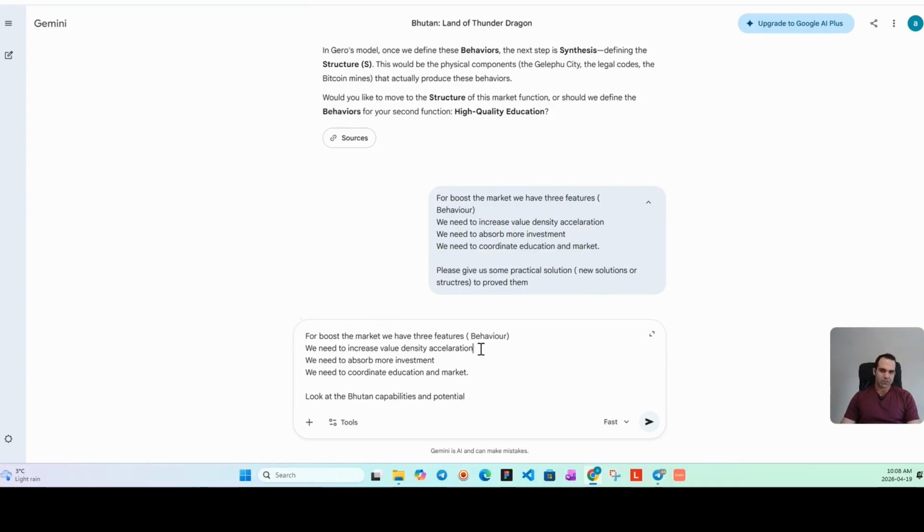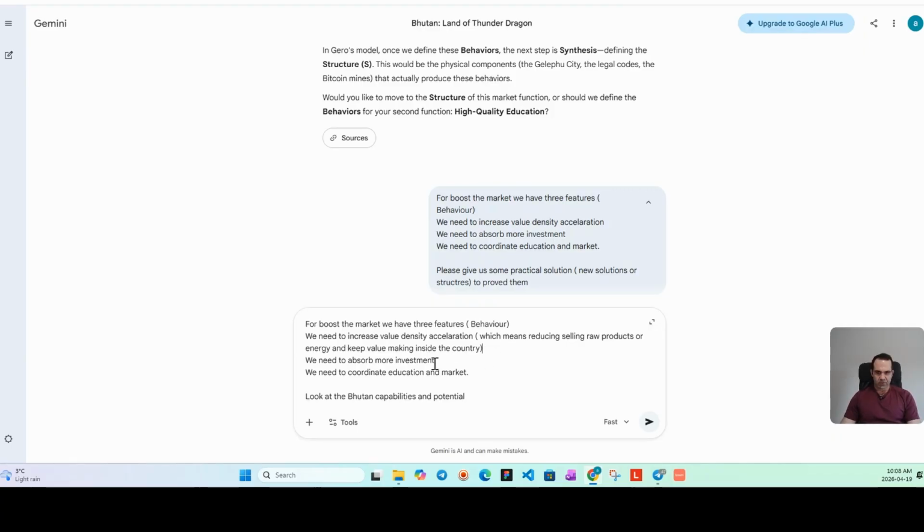Increasing value density acceleration means reducing selling raw material, raw products, or energy, and keeping value making inside the country.